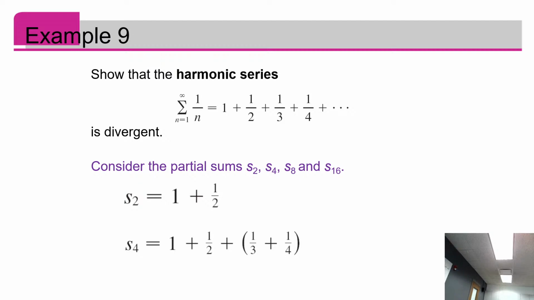But notice that I've grouped these. The reason I've grouped them is because I want to emphasize that 1/3 plus 1/4 is actually bigger than if I change this to 1/4. So check it out. If you change that to a 1/4, you get something smaller. So this thing here is bigger than this.